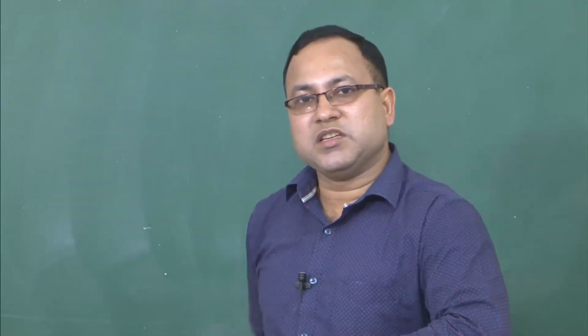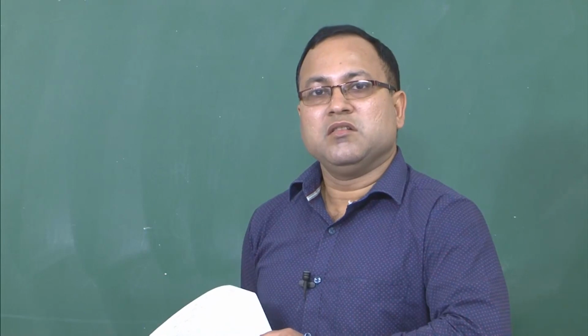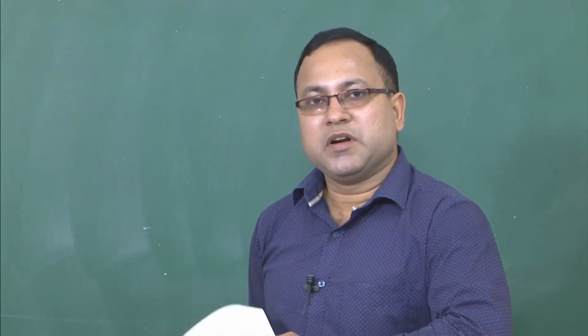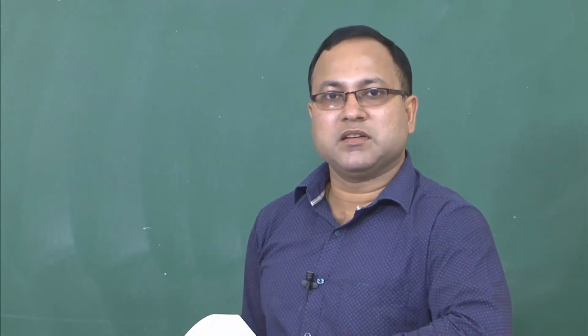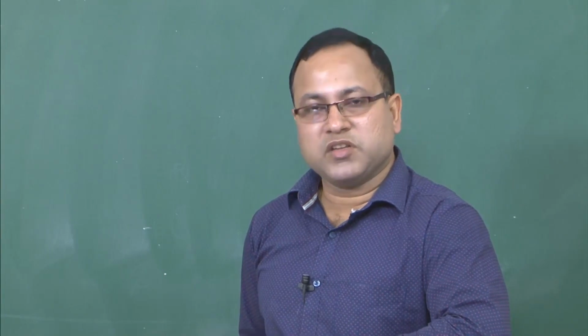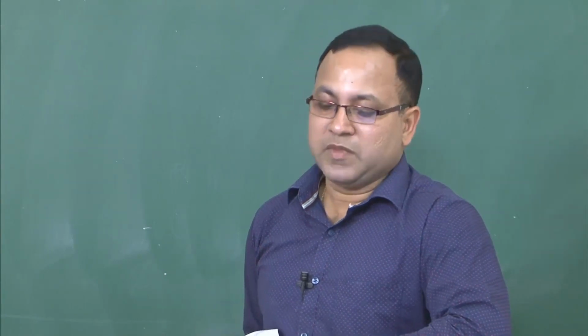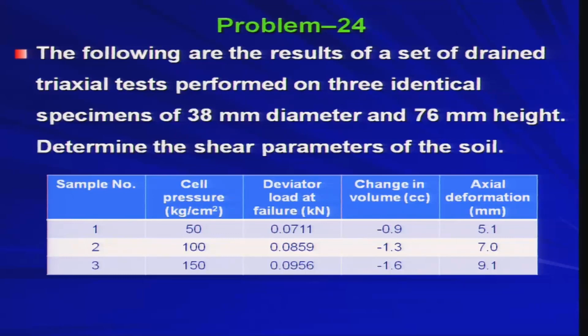So, you will be getting the volume change during the shear. So, you have got 2 different stages, right. In the first stage you do the consolidation, and in the second stage you do the shearing. Okay. So, you have got the change in volume, and you have got the axial deformation also. So, that is 5.1 millimeter for sample 1, 7 millimeter for sample 2 and 9.1 millimeter for sample 3.